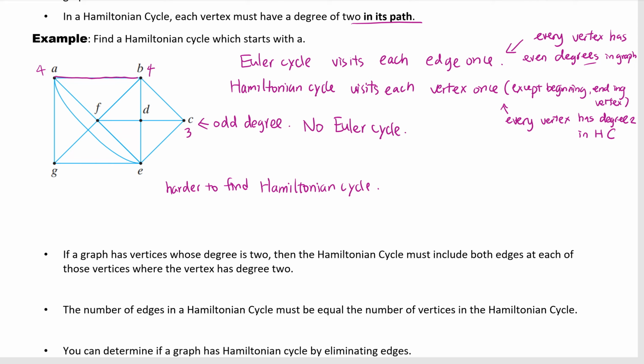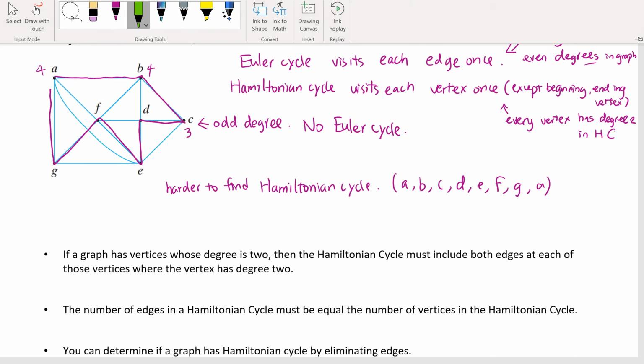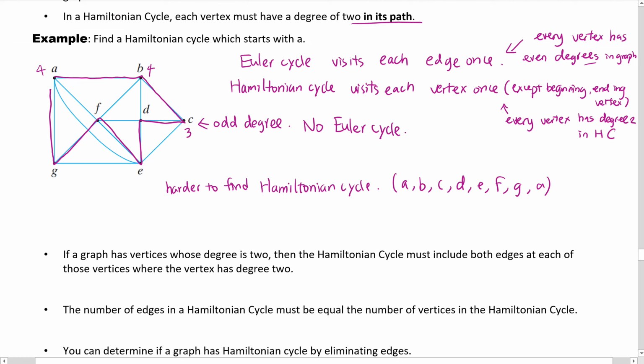So we can start with A, B, C, D, E, F, G, and then go back to A. So this is one Hamiltonian cycle: A, B, C, D, E, F, G, A. There could be other Hamiltonian cycles, so it need not be unique. For example, A, B, D, C, E, F, G, A is another Hamiltonian cycle. So far so good, everybody?